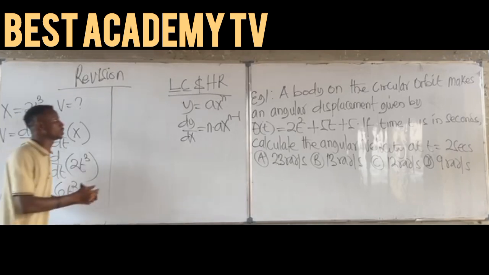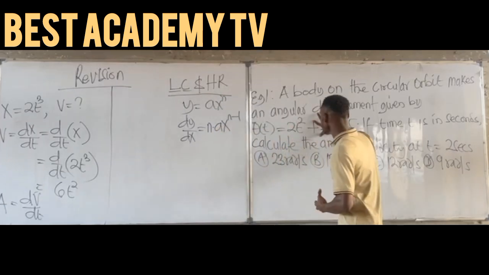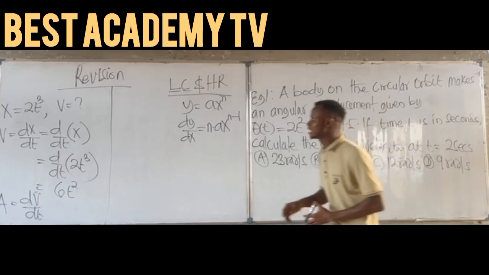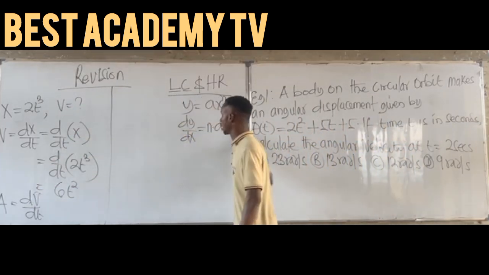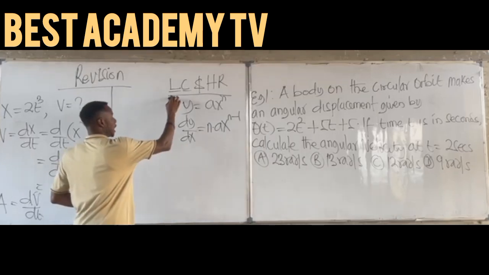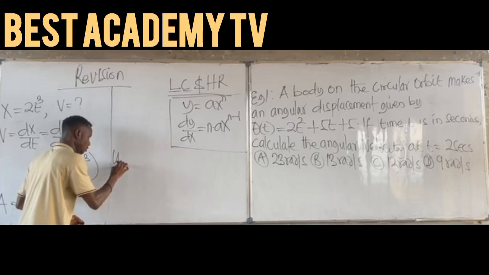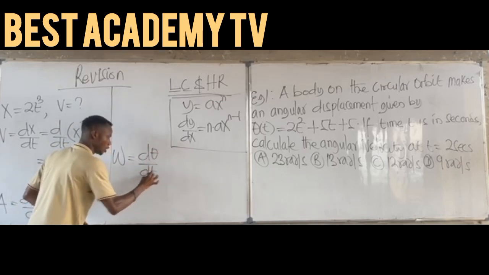So if you look into this question very carefully here, we are given displacement and we are asked to find angular velocity. Apply the same thing we always do in relating linear to circular. I'm going to have this guy, please take note, as omega equal to d theta over dt. I hope you get that.